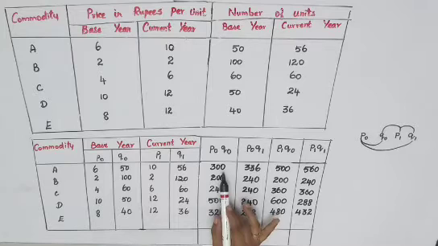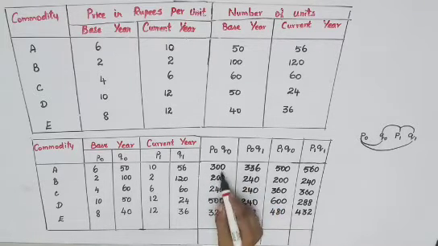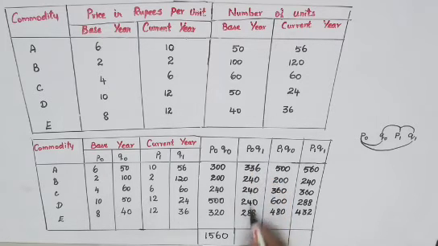Now we have to find the summation. The summation of P0 Q0, adding all these numbers you will get 1560. The next one is P0 Q1, the summation, adding all these numbers you will get 1344.